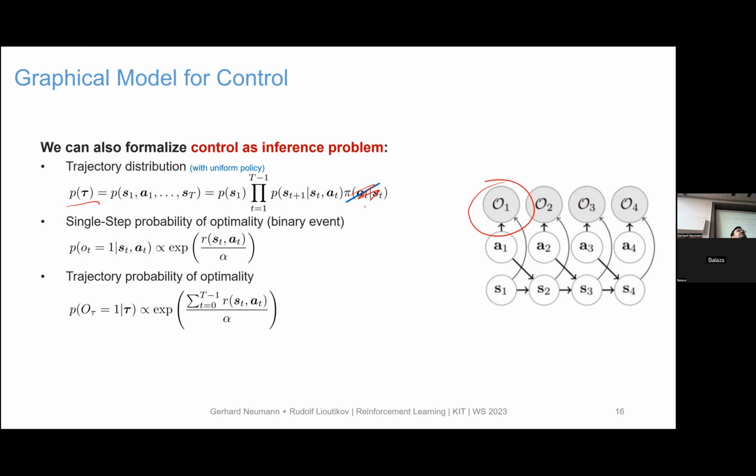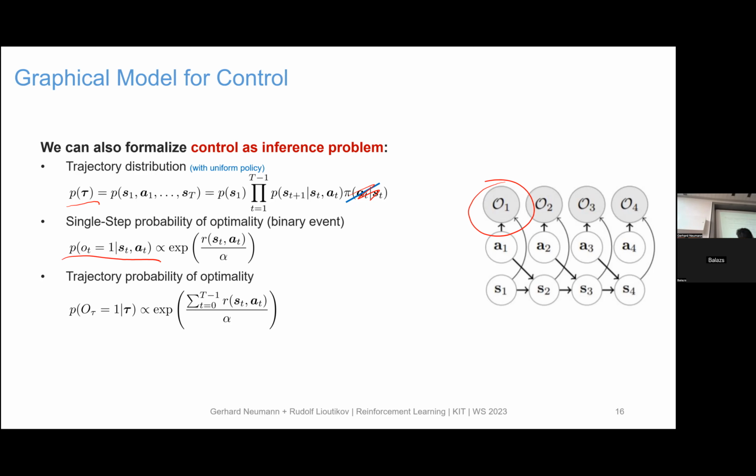That's a prior policy. We could put a more informative prior here, but for now we will just use this. Then we can define an optimality event for every time step.